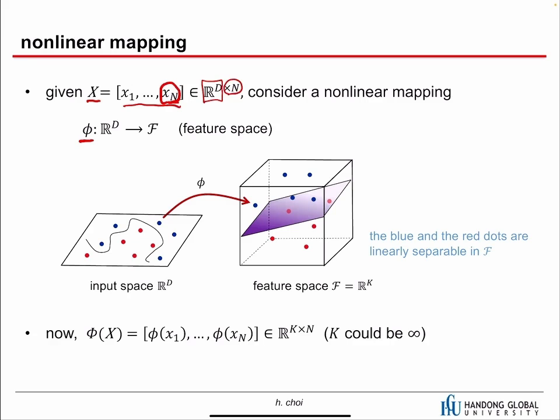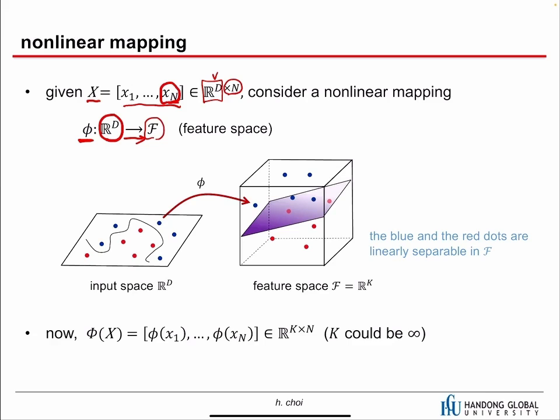So this function phi maps a data sample in the d-dimensional space to the feature space F. We don't know how many dimensions we need for this feature space. It could be an infinite dimensional space. We don't know.